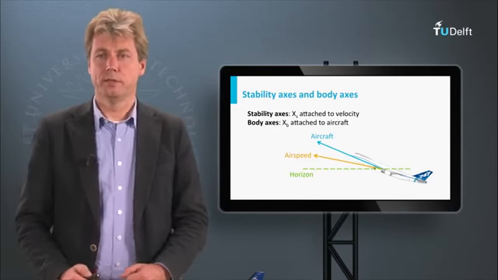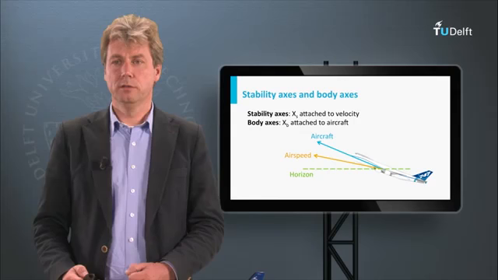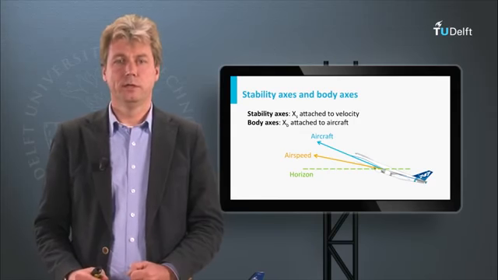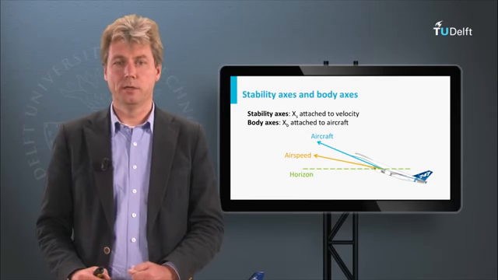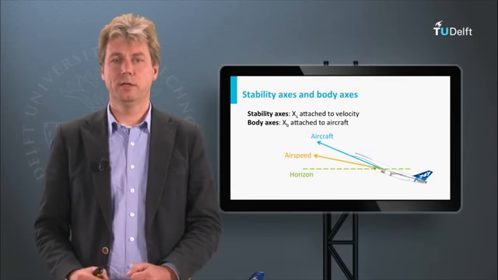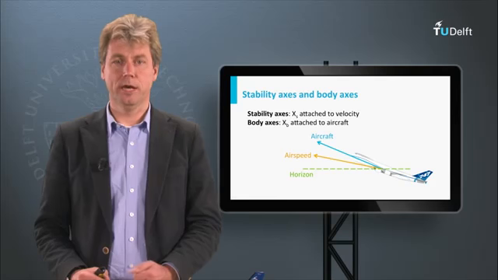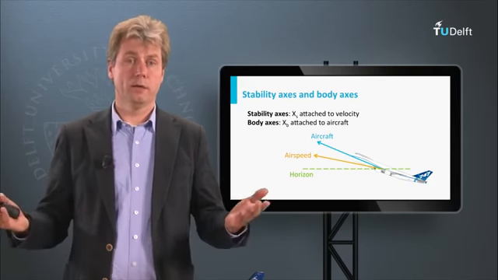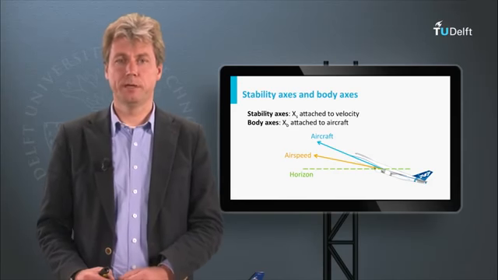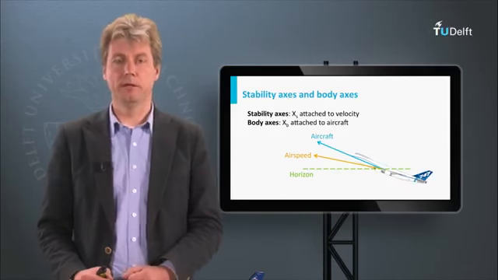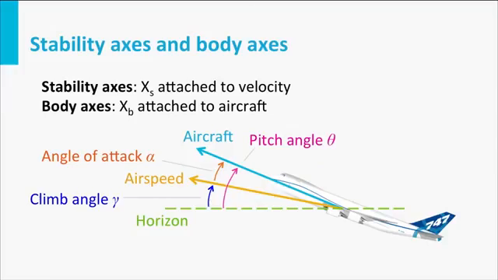And if we look at the figure here, we see the three different reference systems that we have. We see the body axis indicated by the blue arrow, the aircraft. We see the horizon, and that's our reference for the Earth. And we see the airspeed indicated in yellow. And this means that the angles between them also have different meanings.